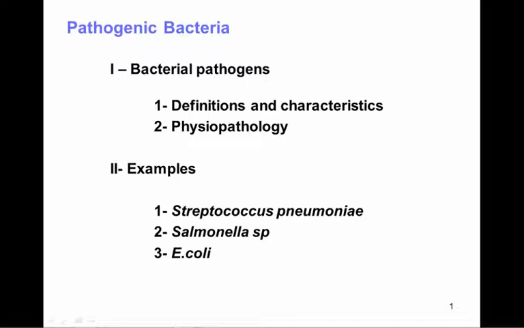Hopefully then we'll have a section on host defenses against bacterial infection. And then in the next session we'll be looking at some specific examples.